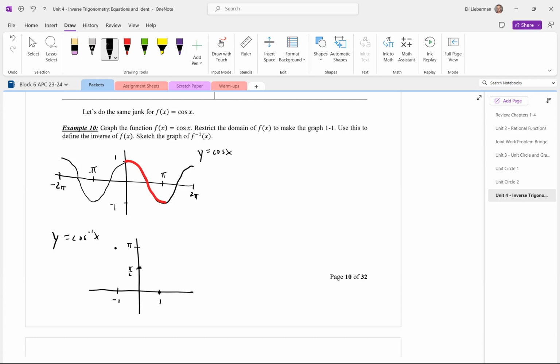So starting from that, 1, 0, can you show me? Is it a diagonal line? It's going to look like a cosine wave that's going up. Make sense?